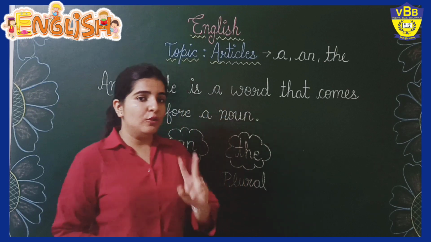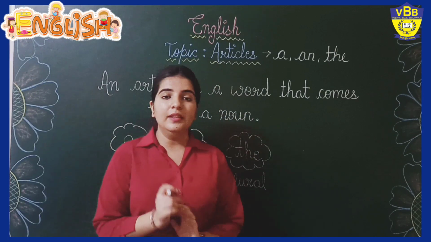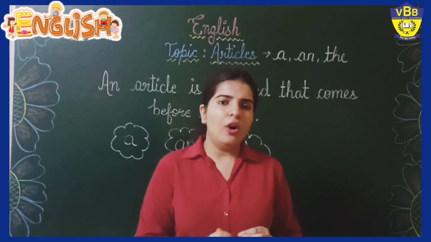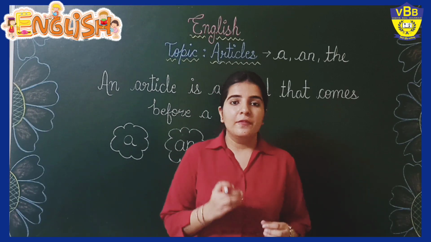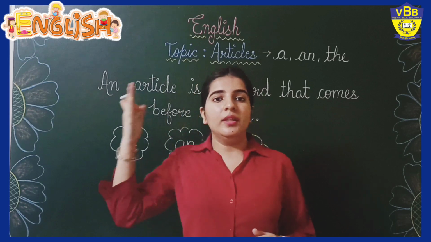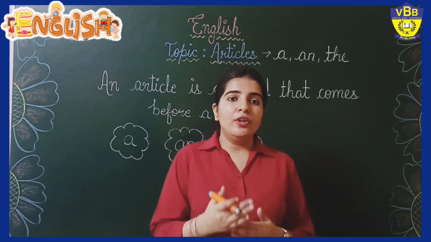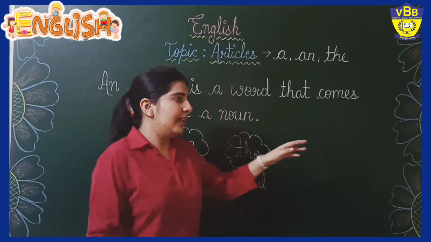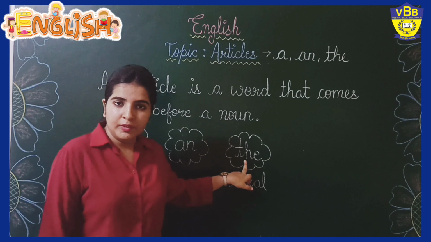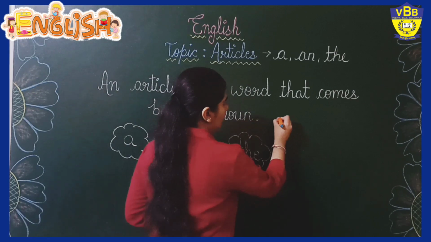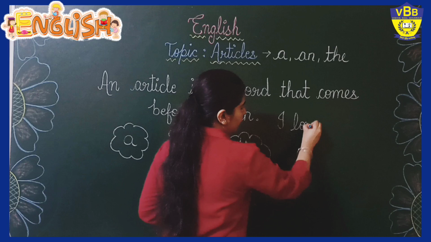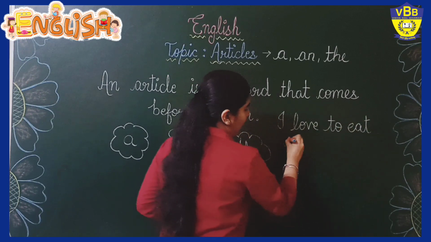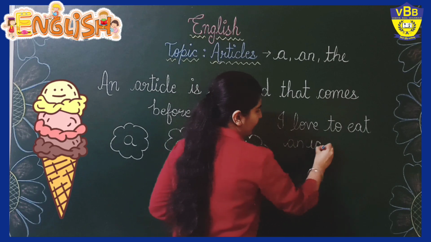Now the second usage of the article the is when, in a paragraph or in any sentence, we repeat the same noun again. Then instead of using a and an again, we replace the article with the. For example, I love to eat an ice cream.